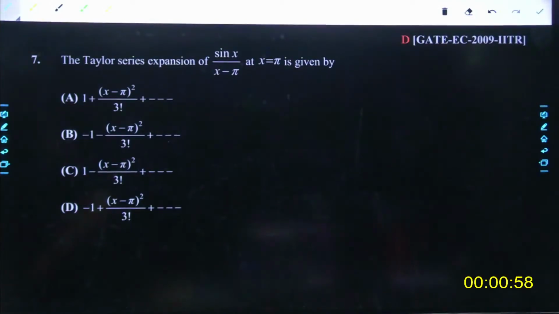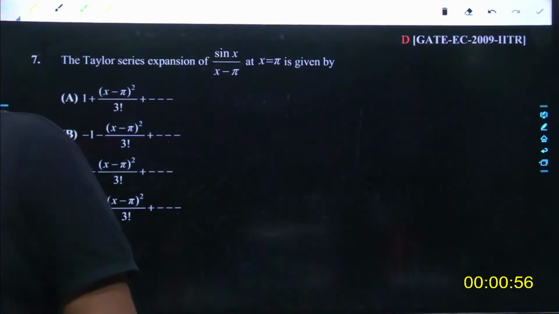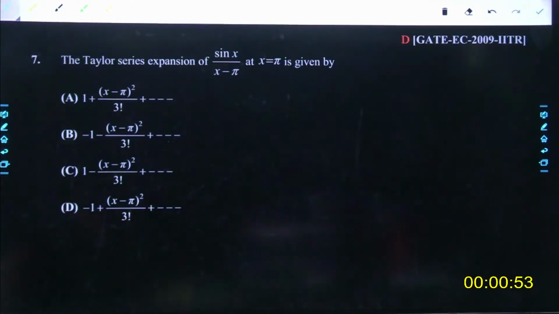Let me start the timer for this given question and tell me what could have been the best most answer for this given question. I would like to have the input from each one of you.